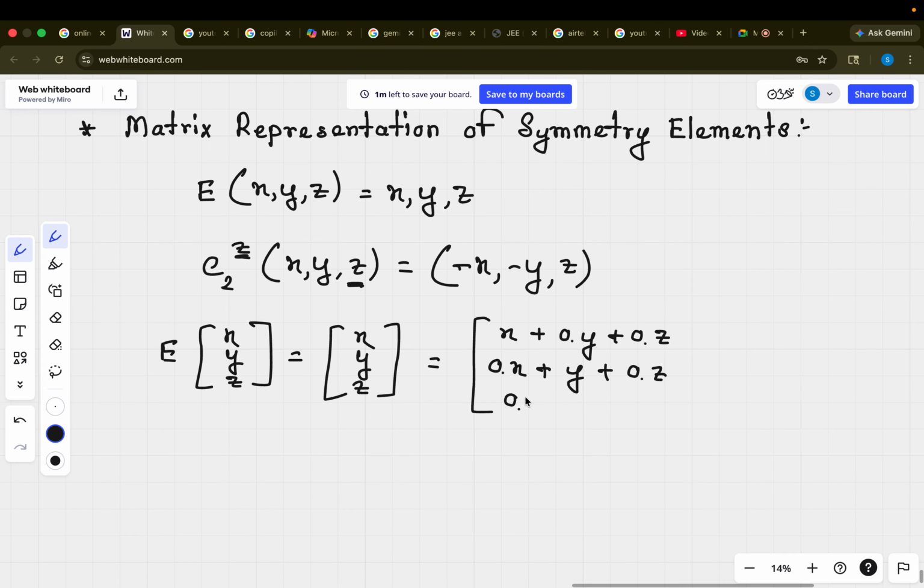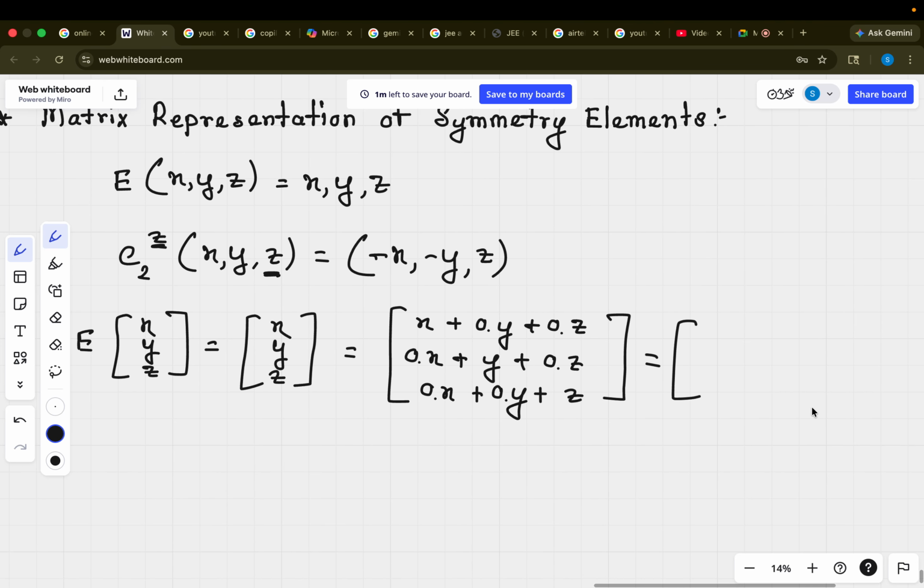Here also you will get 0 into x plus 0 into y plus z. If I represent it in matrix form, you have to write 1 0 0, 0 1 0, 0 0 1, and I am taking common this x y z. So basically this is your identical operator.